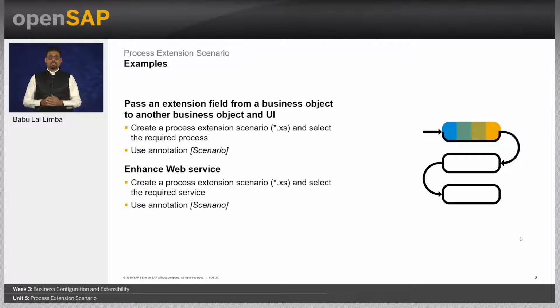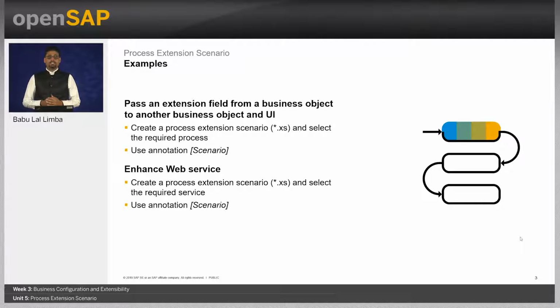These processes are predefined by SAP and hence you can only select from the available list. In case the process related to your scenario is not defined, you can place a request to SAP. Later, SAP will do the evaluation and decide on it. Annotate the element with the scenario word so that it can participate in the process extension.